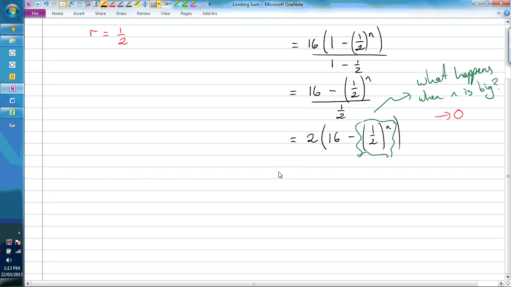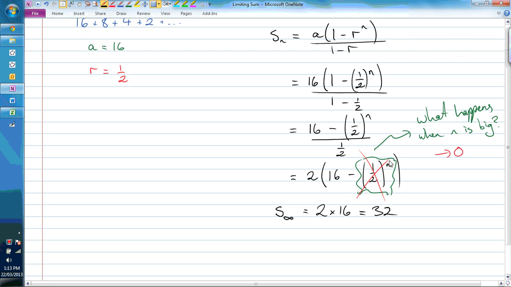So the sum to infinity is going to be as if that doesn't exist. So it's actually going to turn into 2 times 16, which is 32. So the idea there is that as n becomes really big, this thing becomes insignificant.